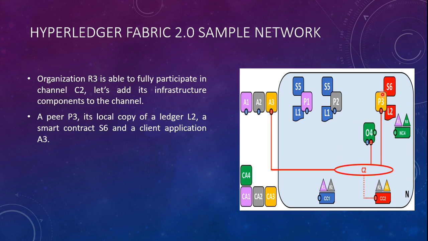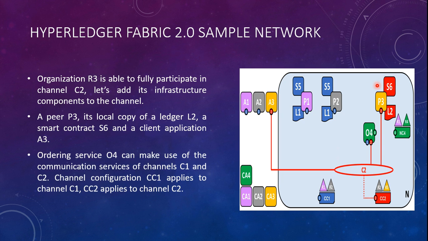It has its own smart contract S6 and a client application A3. So the peer P3 is now part of the channel C2. It will not have a ledger same as P2. It will have another ledger L2. It will have its own smart contract chaincode application S6.